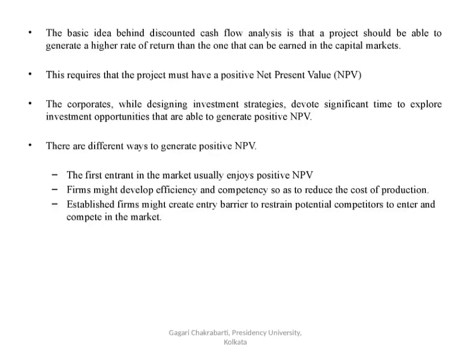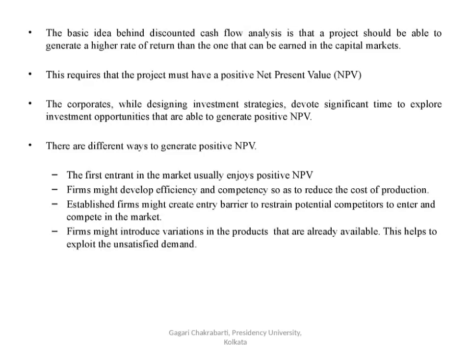The established firms might create entry barriers to restrain potential competitors from entering and competing in the market. Then the firms might introduce variations in the existing products, so this helps them to exploit the unsatisfied demand.